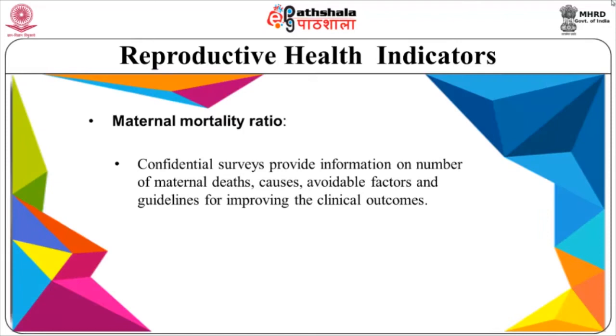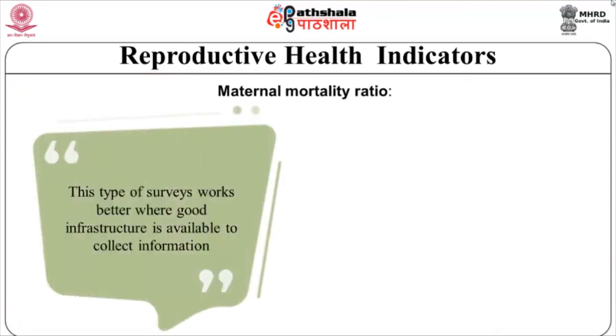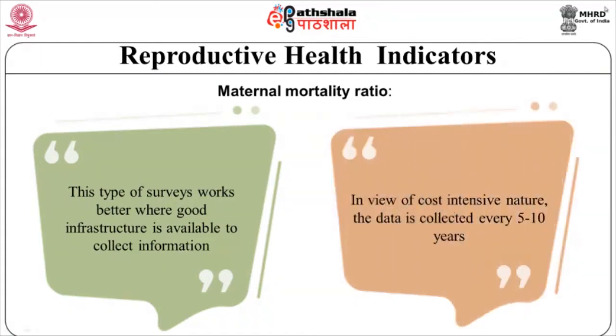Confidential surveys provide information on number of maternal deaths, causes, avoidable factors and guidelines for improving the clinical outcomes. This type of survey works better where good infrastructure is available to collect the information. In view of the cost-intensive nature, the data is collected every 5 to 10 years.